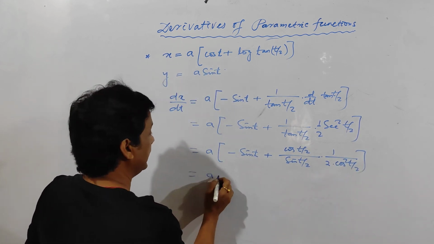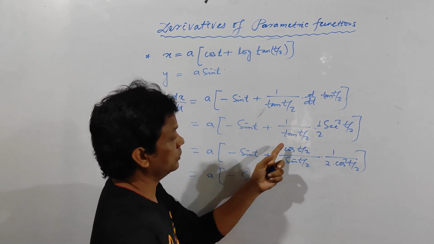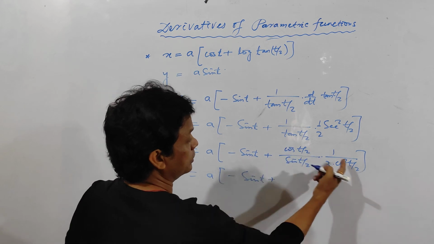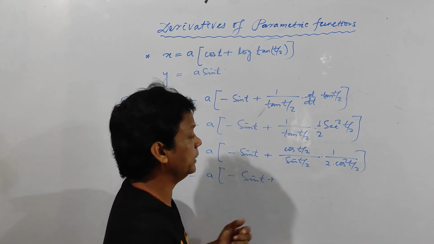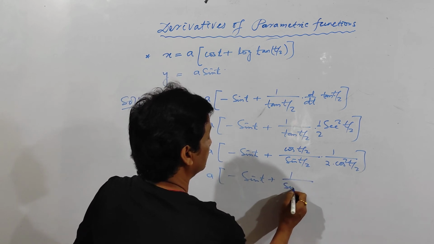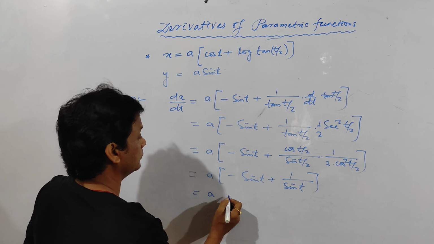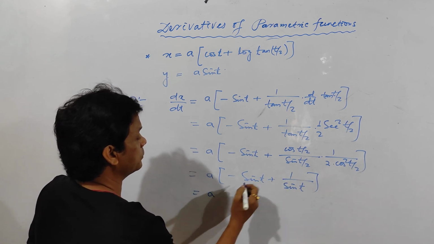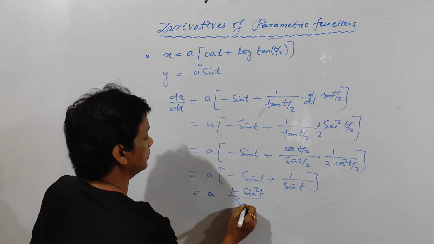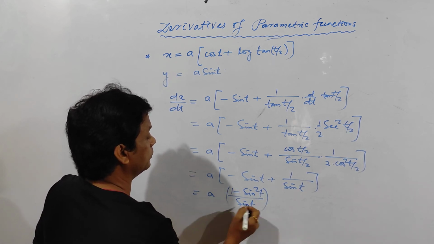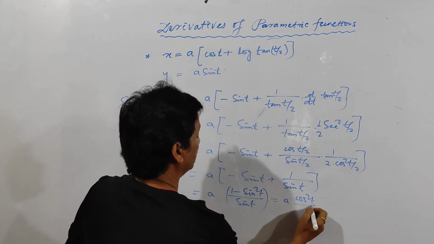So one cos t by 2 cancels out, 2 sin t by 2 cos t by 2, it is sin t, clear, and take the LCM, minus sin square t plus 1, that means 1 minus sin square t by sin t, and 1 minus sin square t is cos square t. So a cos square t by sin t.